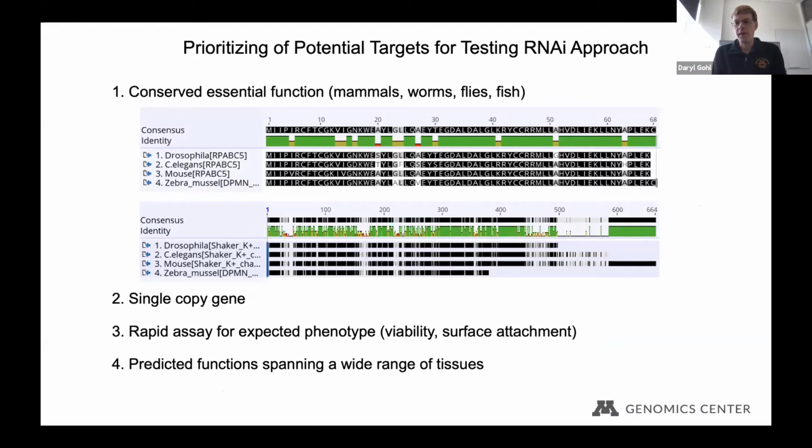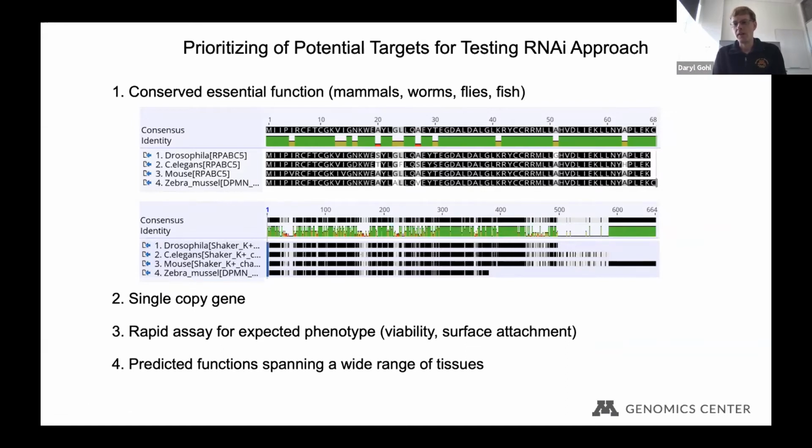We also had a few additional criteria, because 150 is already a lot to screen through as we're getting started, to further winnow down that list and zero in on targets that we thought would have a really high probability of showing a phenotypic effect in our initial tests.